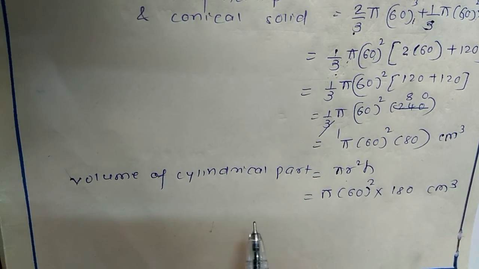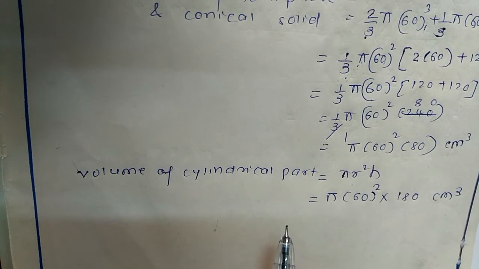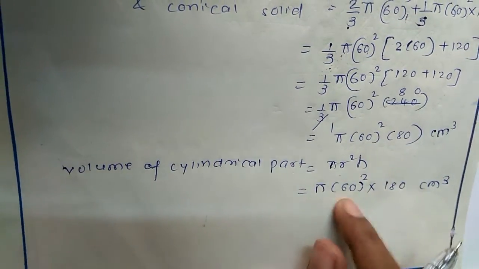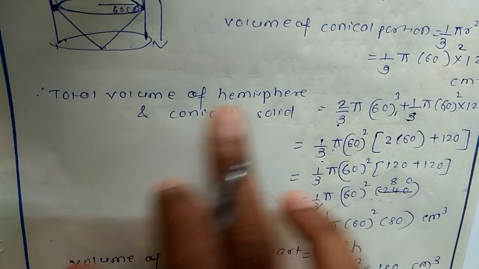So our main question is to find out the volume of left water in the cylindrical part. So from this cylindrical volume we need to subtract the volume of this hemispherical part and conical part.